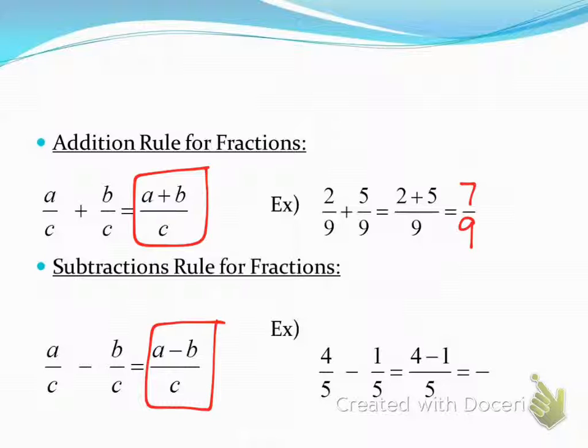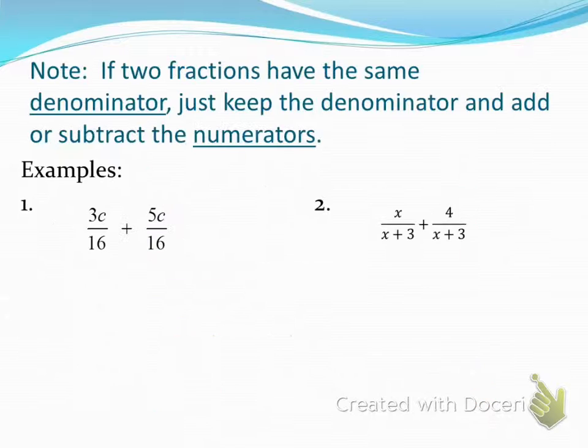All right, similarly with our example for subtraction, we've got 4/5 minus 1/5 is the same as 4 minus 1 over 5. 4 minus 1 gives us 3, and my denominator is still a 5. So our note says if two fractions have the same denominator, just keep the denominator and add or subtract the numerators.